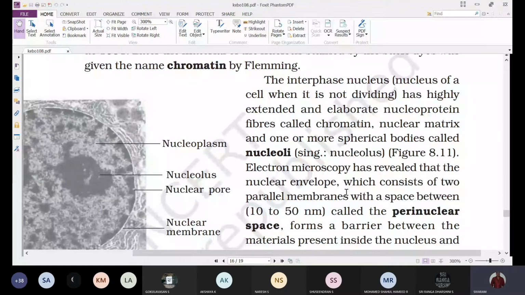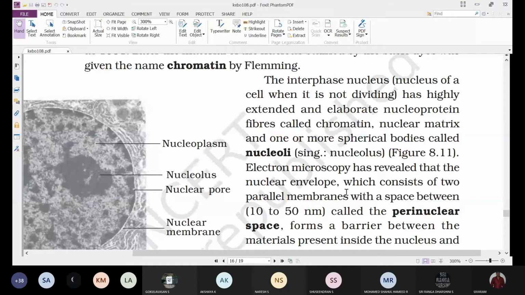At this stage, inside the nucleus we can observe highly extended nucleoprotein, that means the genetic material along with some associated proteins, the histone proteins.